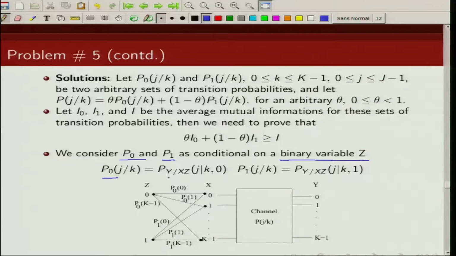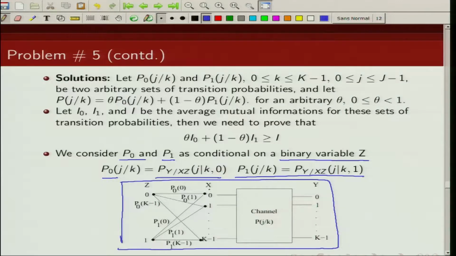So P0 can be written like this and P1 can be written like this. This is a diagram corresponding to that. Probability of y given x is conditioned on probability of y given x and z, whether z is 0 or z is 1, and these are the channel transition probabilities.